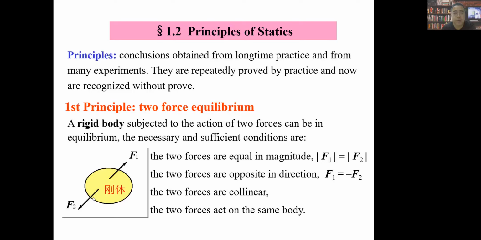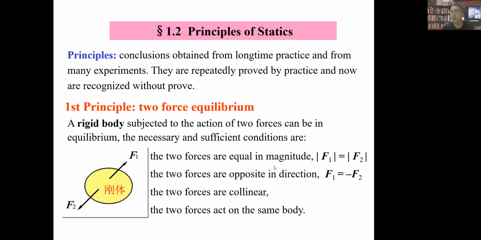In other words, if we have a rigid body and we know it's in a state of balance, and there are only two forces acting on this body, then we will have this conclusion. Because it is a rigid body first, and secondly it is in a state of equilibrium, the two forces must have equal magnitude, opposite direction, and be collinear, right?